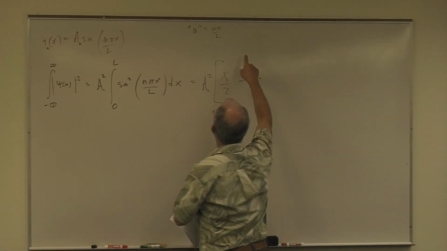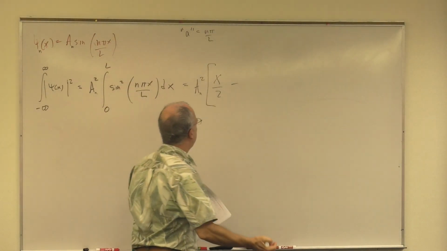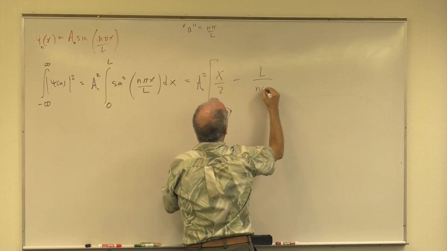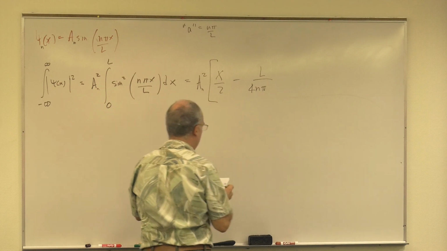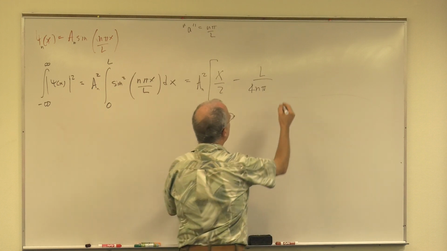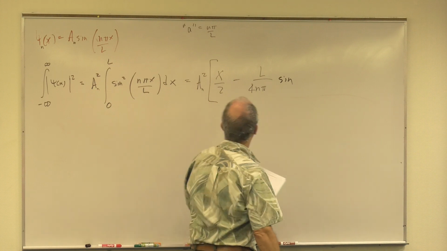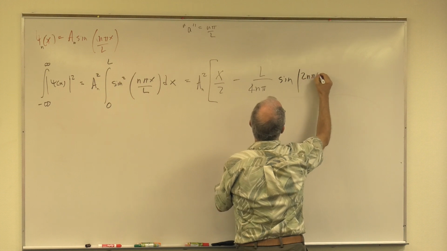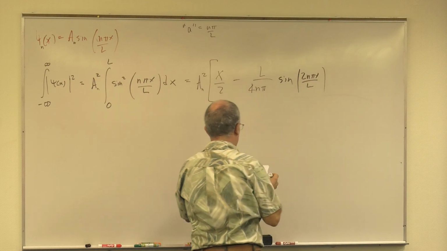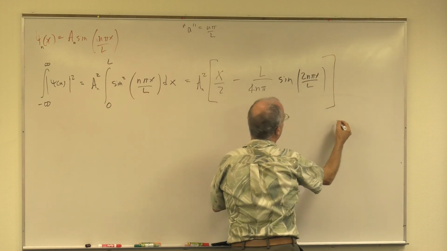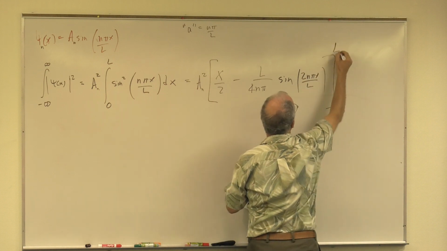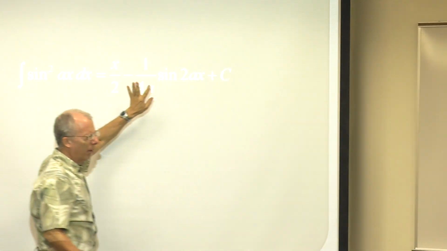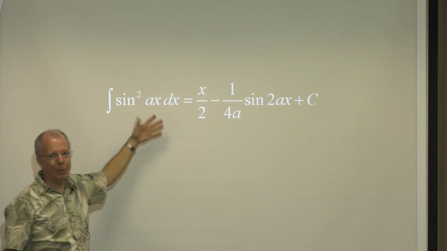Now, our a is n pi over L, so we flip it: L over n pi, and then we put the 4 there. Then sine of 2ax, so we multiply that by 2: 2n pi x over L. And then we integrate it between 0 and L. Don't memorize this, but write it down somewhere so you can refer to it.